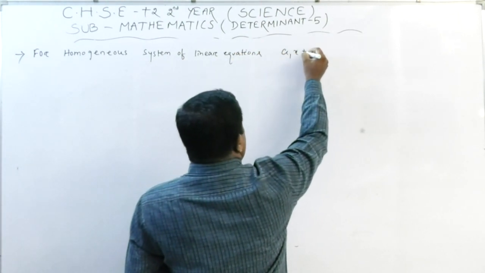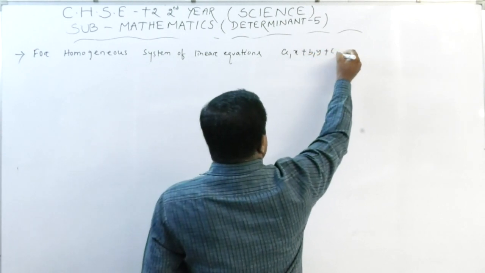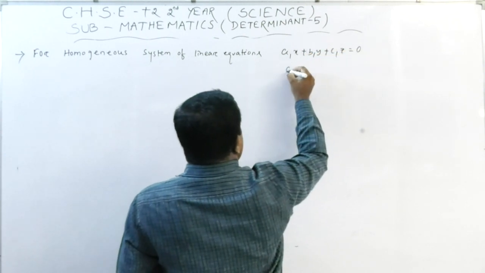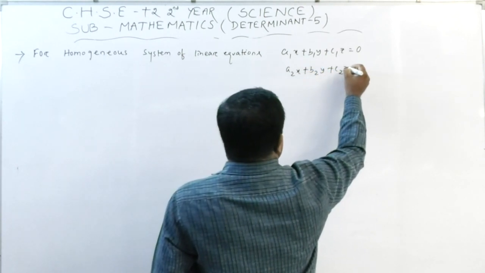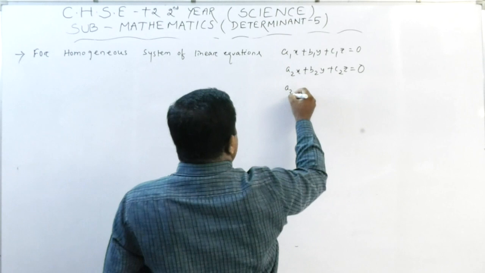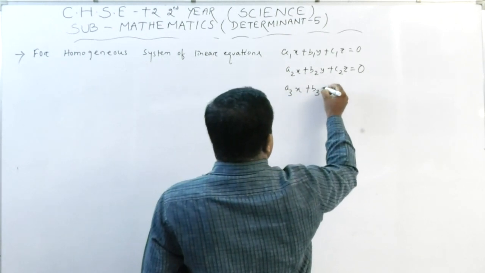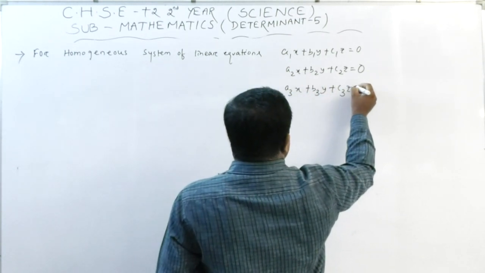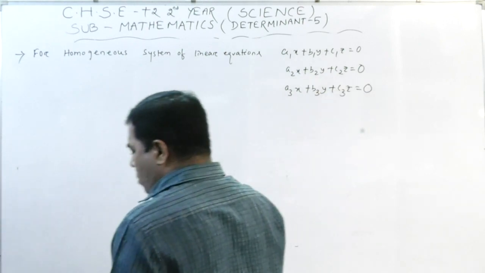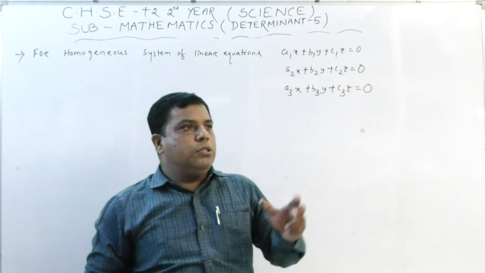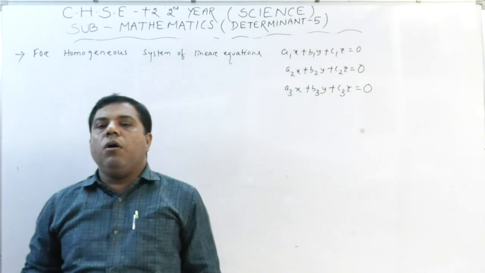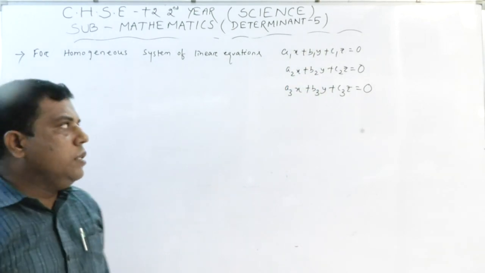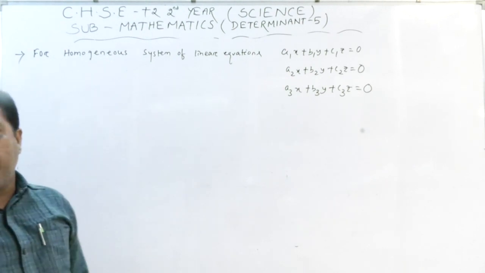a1x plus b1y plus c1z equal to 0, a2x plus b2y plus c2z equal to 0, a3x plus b3y plus c3z equal to 0. Okay, so these are the homogeneous system. Homogeneous system means your right side values are always equal to 0 in the given system of equations.